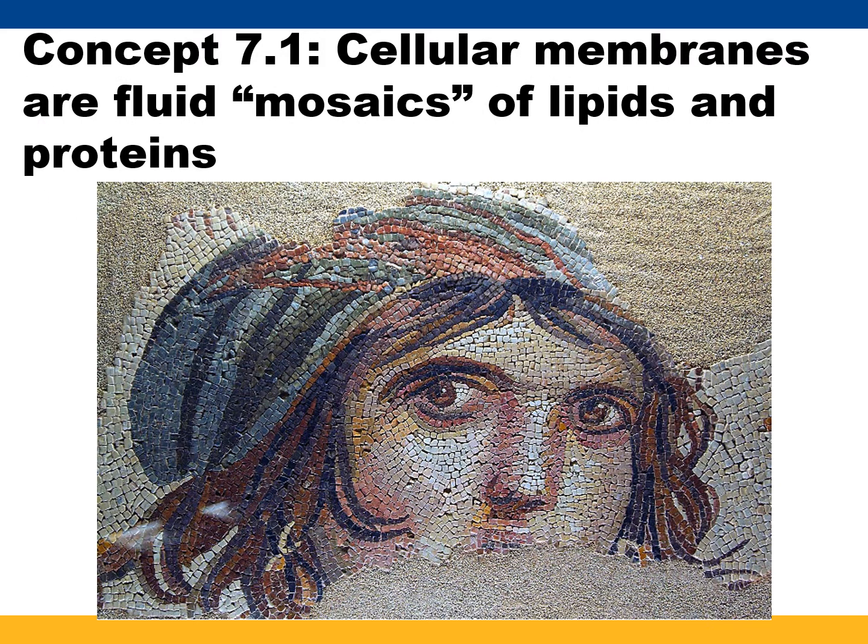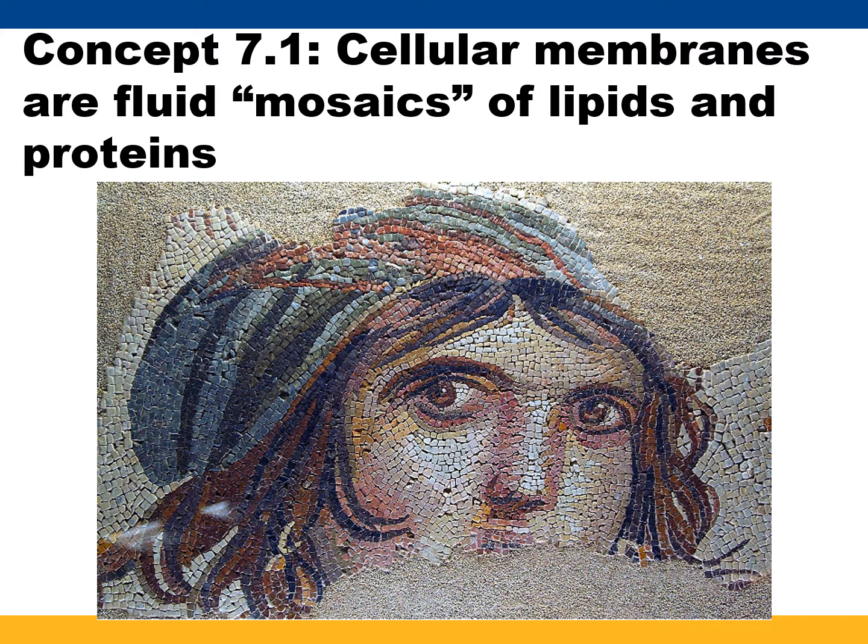Another key concept about a plasma membrane, and it's not untrue with other membranes, but the plasma membrane is very true, is that it is a mosaic. This is a photograph of a mosaic from Roman times where you have different pieces of material that they use, like a pointillist picture, creating a larger framework of an image.